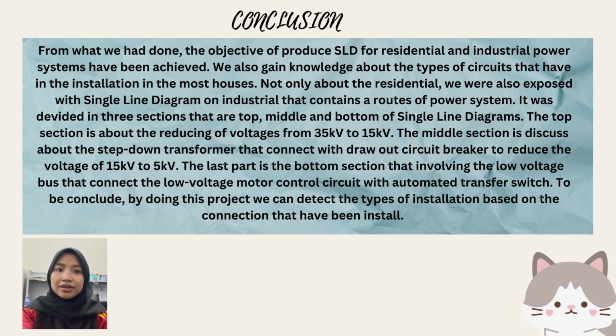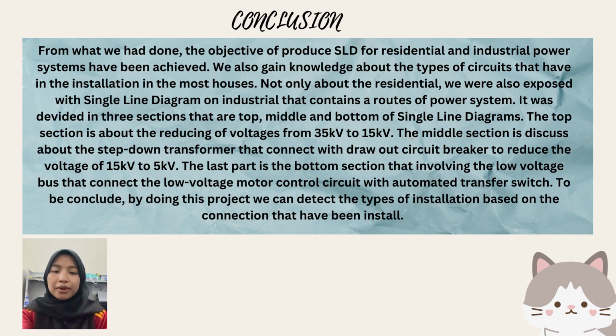Not only about the residential, we were also exposed to the single line diagram on industrial that contains the roots of the power system. It was divided into three sections: the top, middle, and bottom of the single line diagram.